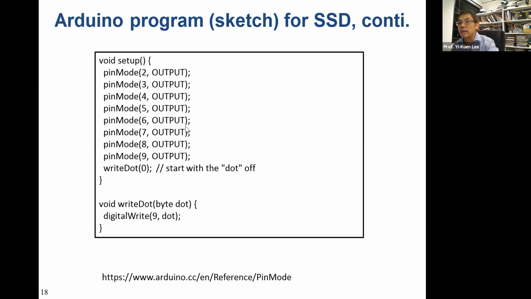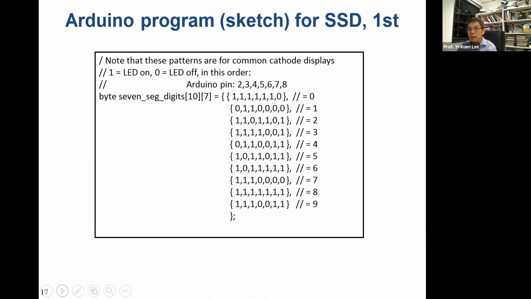And then in this case, we try to write 0. So this is the way we send our binary output, 0, 1. I mean 0 is ground, 1 is 5 volt, to our LED. You see, we can control this with digital write for our LED display.